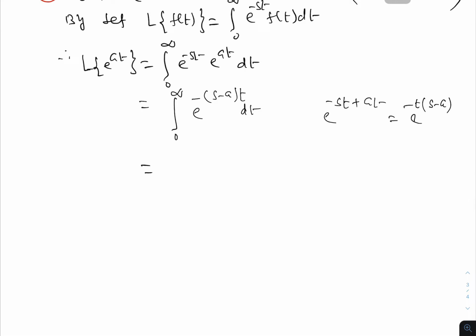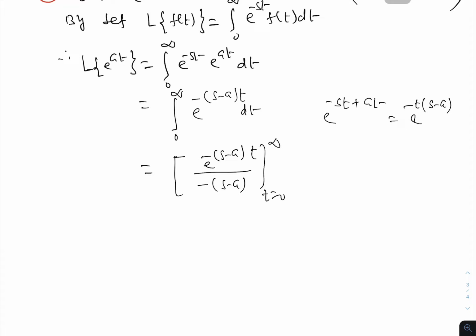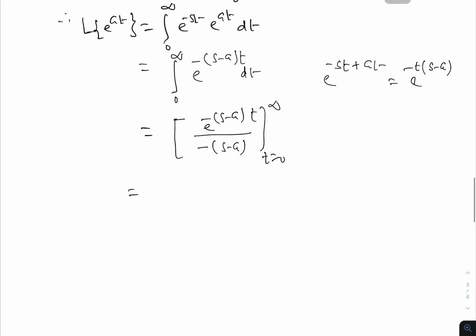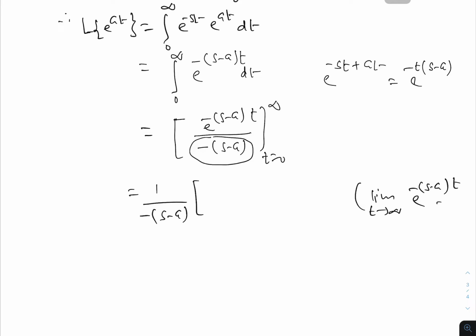And so now we can do the integration easily, and that integration is e power minus (s minus a)t over minus (s minus a), where t is from 0 to infinity. So this is equal to 1 upon minus (s minus a) outside. This is e to the power minus infinity. So again we are using the formula that the limit as t tends to infinity of e power minus (s minus a)t is 0.